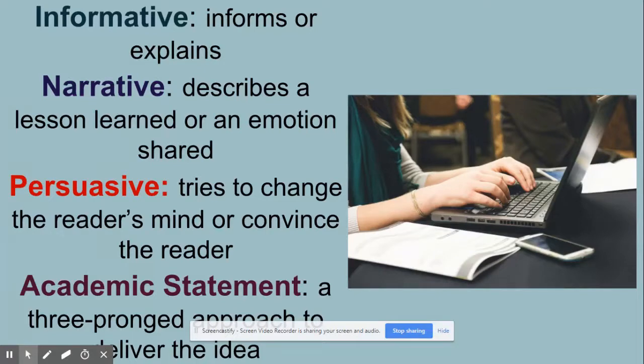The persuasive tries to change the reader's mind or convince. Sometimes you can't always get to convinced, but maybe you can have them start to shift their thinking on that topic. Sometimes that's the best we can do with our essays at the length that they are. It is much less aggressive than an argumentative.